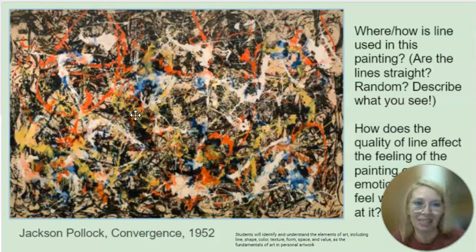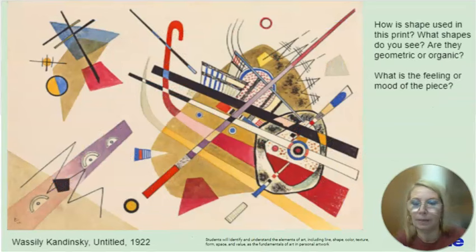Let's talk a little bit about shape for a minute. How is shape used in this print? What shapes do you see? Again, you can take your mouse and trace some of the things that you're seeing. If you happen to be enrolled in geometry this year, you will probably be able to identify some of these shapes.